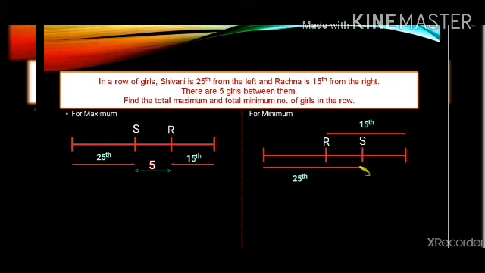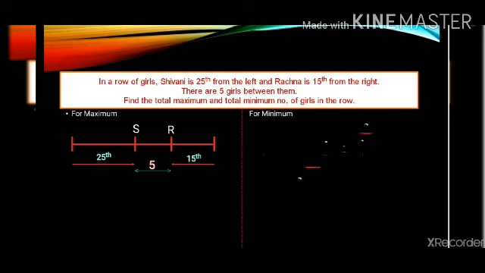That is, Shivani will be further from the right. Now there are 5 girls in between them. I am placing 5 people between R and S. Now we'll find out the number of people in this row at a later stage. Let us calculate the number for maximum.